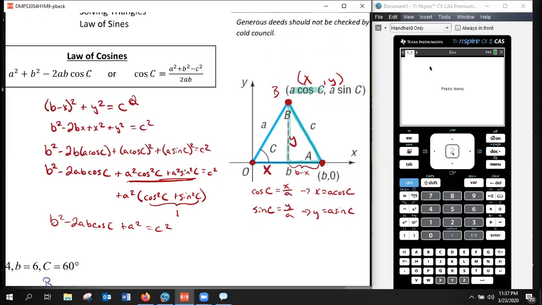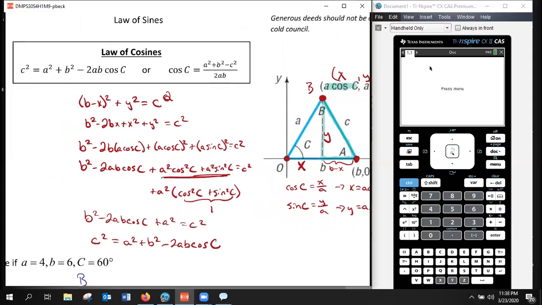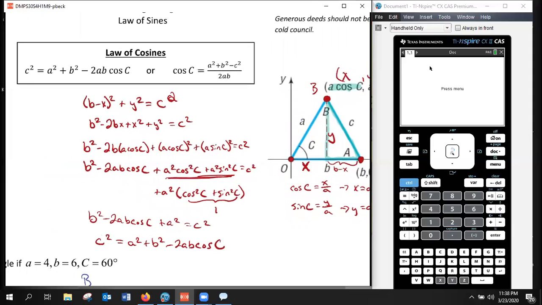And just to clean it up a little bit more, I will rewrite it so it's c squared equals, and we like to put it in alphabetical order, a squared plus b squared minus 2ab cosine C. And this is the general formula for the law of cosines, which we can see right here.